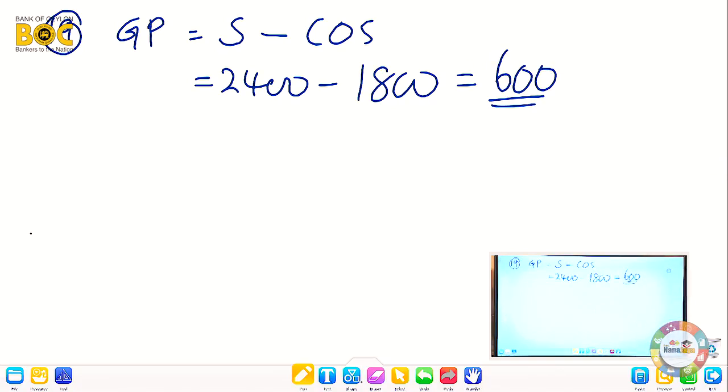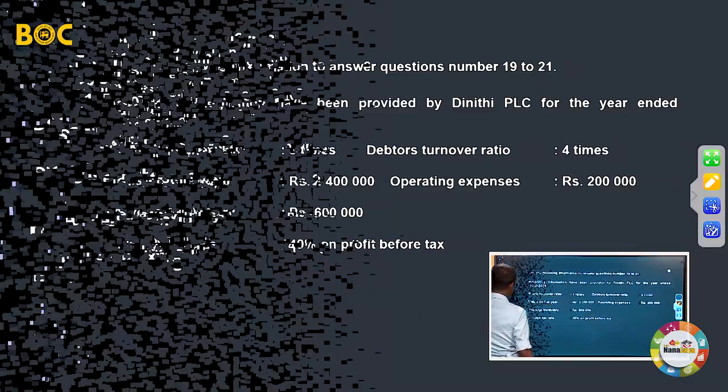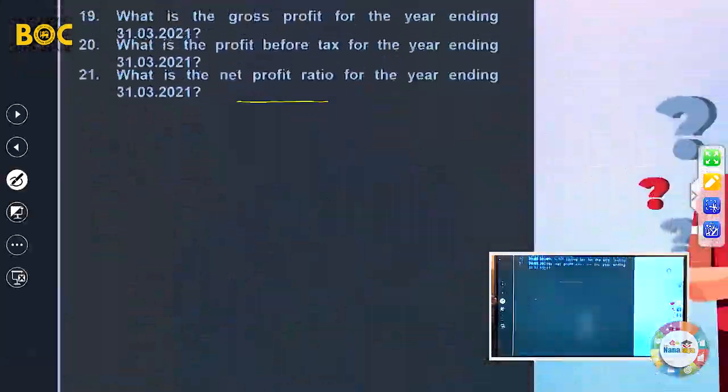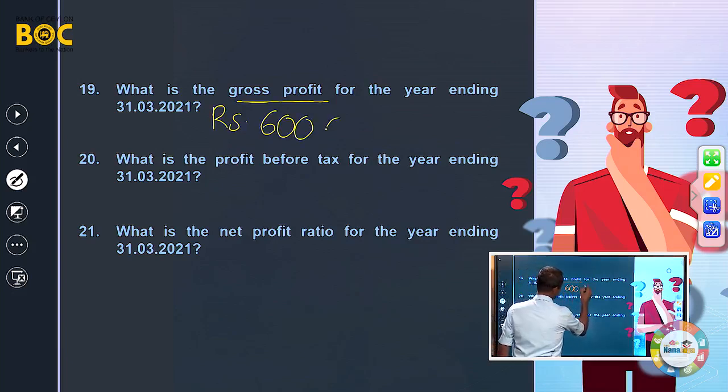The answer for question number 19, gross profit, is 600,000 rupees.